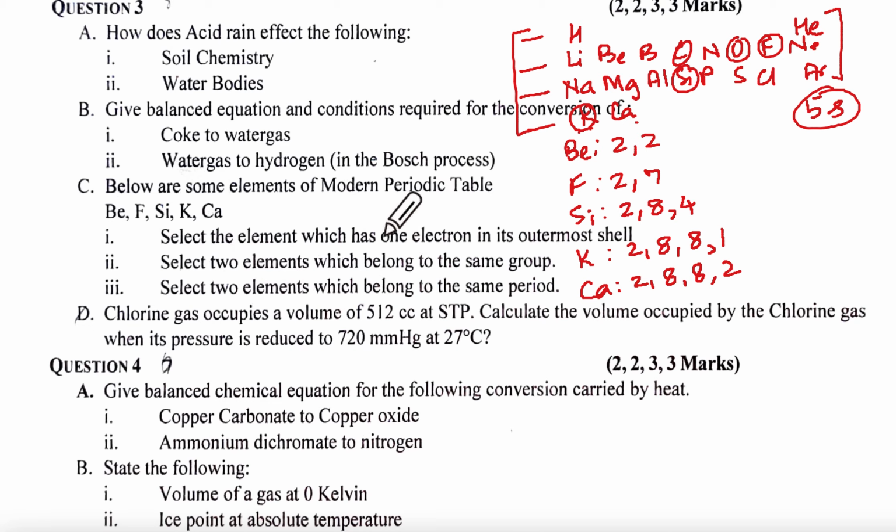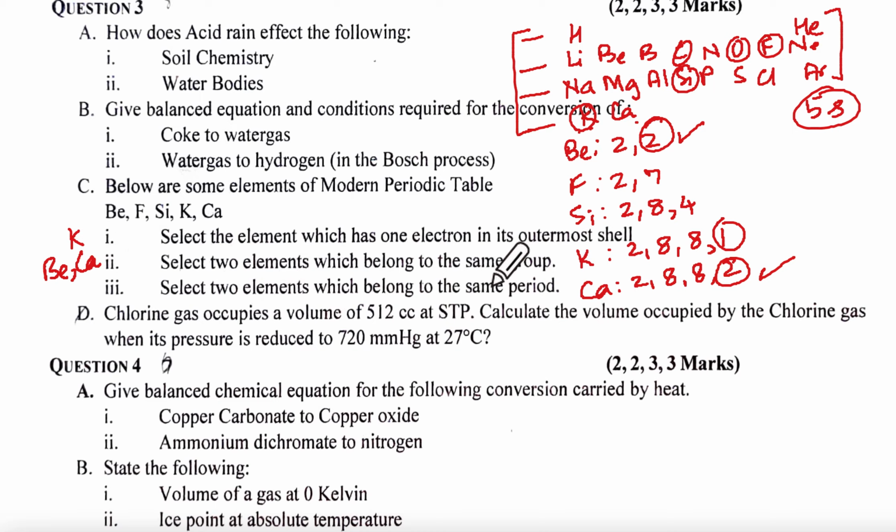Now, which is the element which has only one electron in the outermost shell? So the first answer is what? K. Select two elements that belong to same group. Same group is what? Can you see which one it is? Understanding?